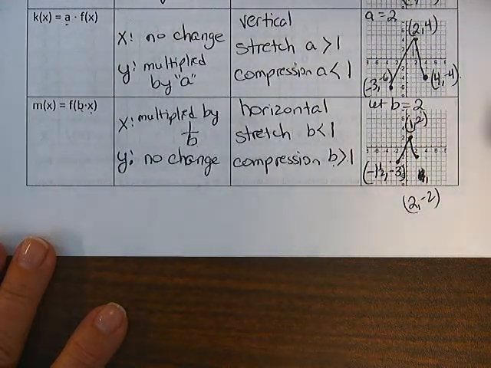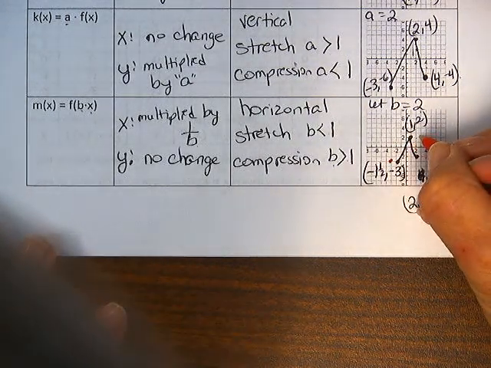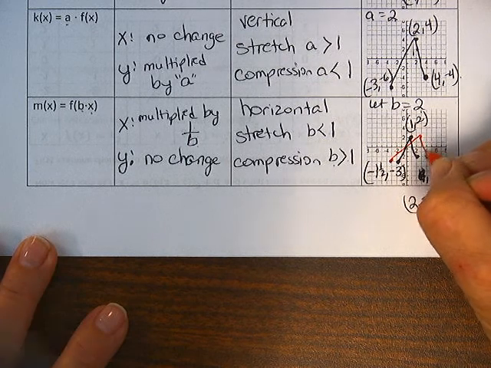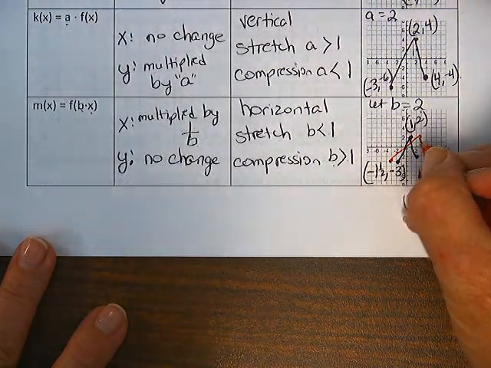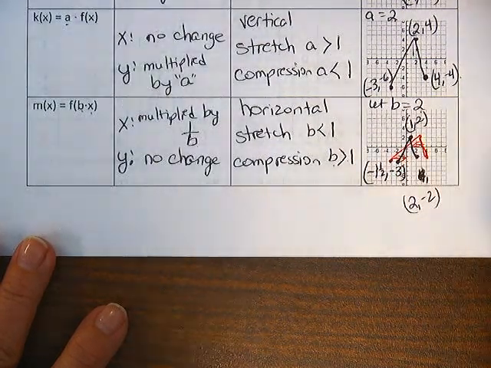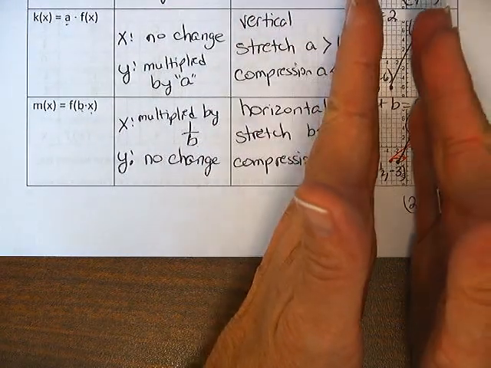I'm going to draw in the original function on here also, just so we can see a little interesting thing happening. This had been here. What's happened is we've multiplied by 1/2, so we've compressed our function in towards that y-axis. We've come along from the sides and squished it together.